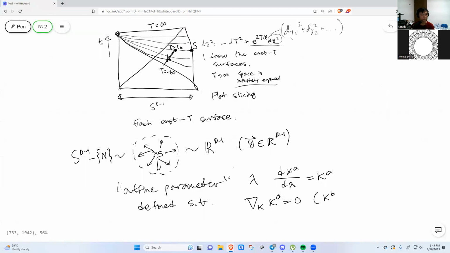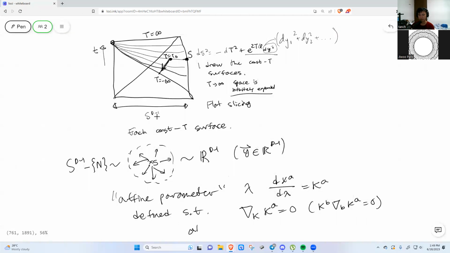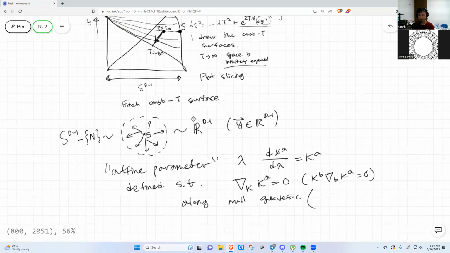Or to write it differently, k^b nabla_b k^a = 0.